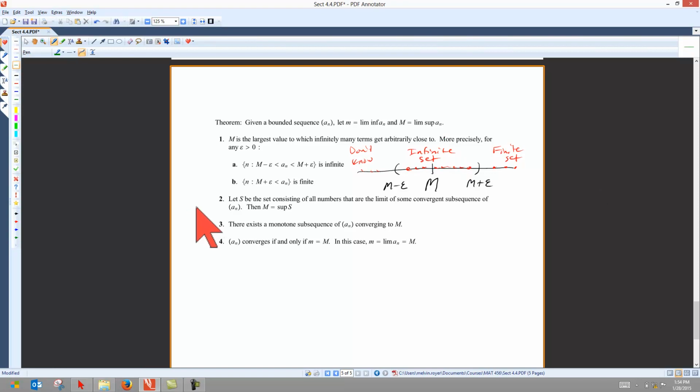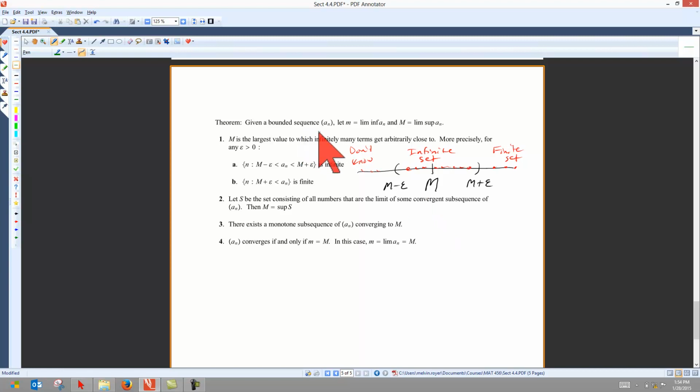Okay, let's keep walking through this theorem and talk about each part as we go. Given a sequence A sub n, we know that there may be subsequences in it that converge whether the original sequence did or not.